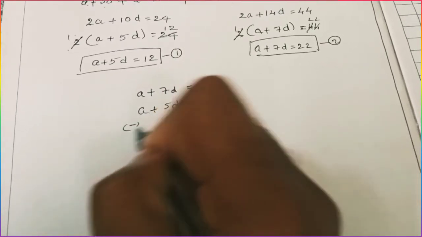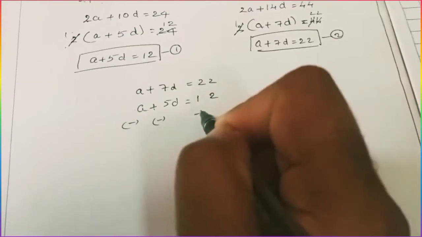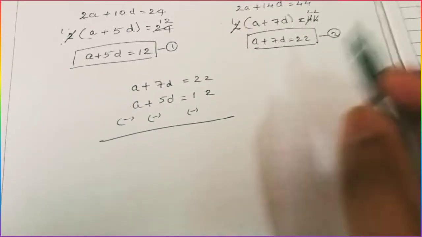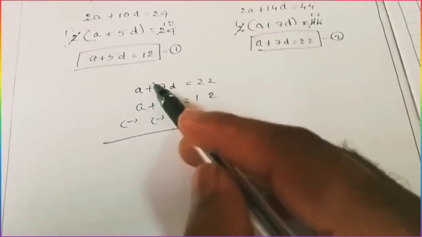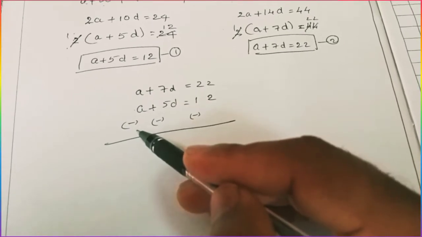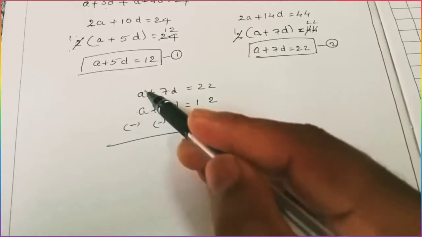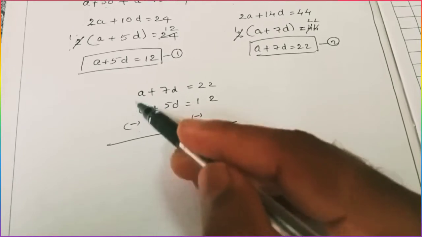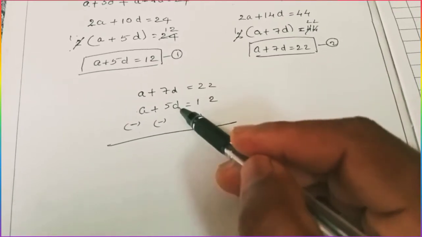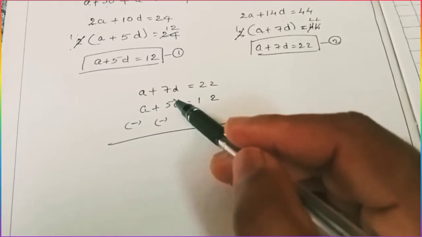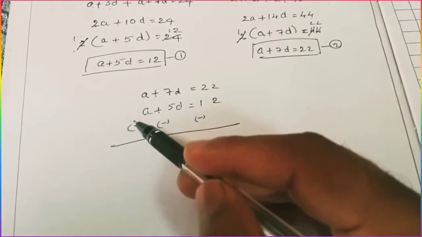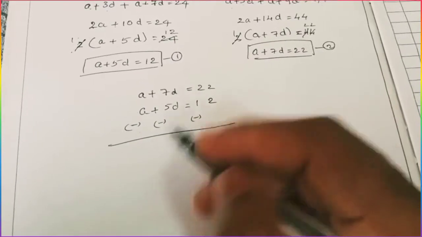I am going to change the sign: plus a becomes minus, plus 5d becomes minus, and 12 becomes minus, because our intention is to cancel any one of the variables. Either I need to cancel a or I need to cancel d. I am cancelling a because the coefficient of a in both the equations is 1. Here the coefficients of d are varying. So whenever we get the same coefficient, we can cancel that particular term very easily.